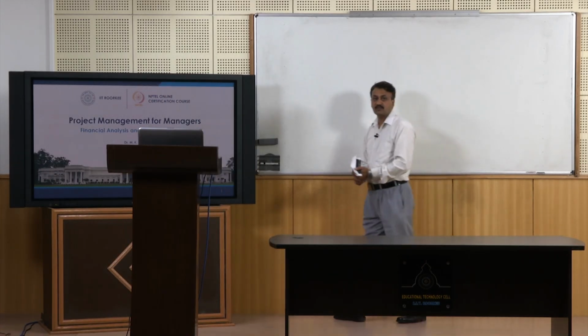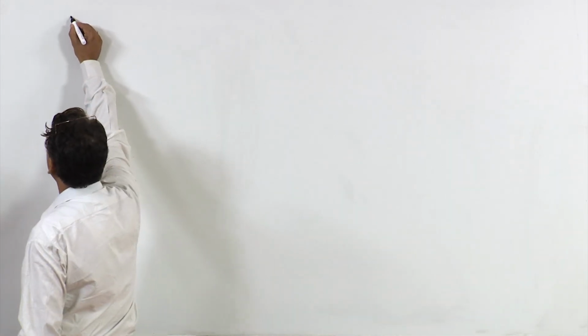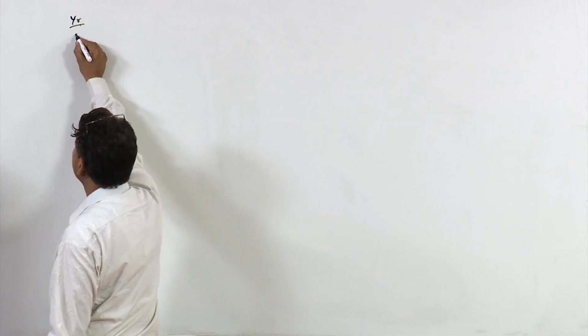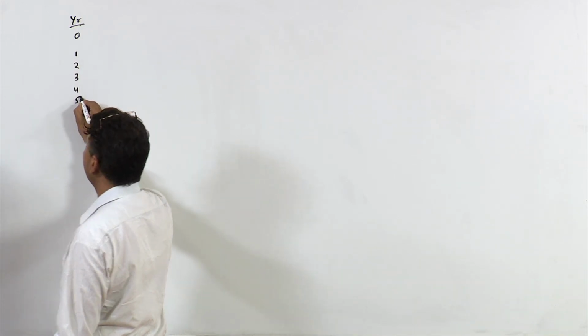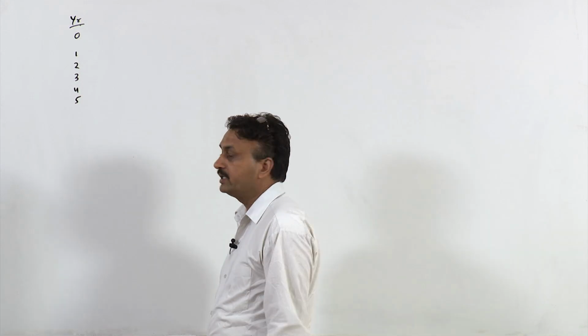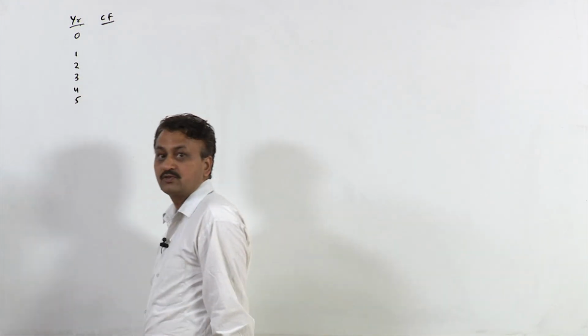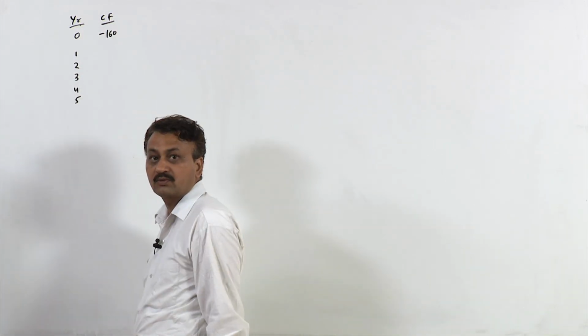The duration of the project is 5 years. So, here you have got the year column. This is 0, 1, 2, 3, 4 and 5, and you have also been given cash flows, right. Initially it is minus 160, a cash outflow, right.